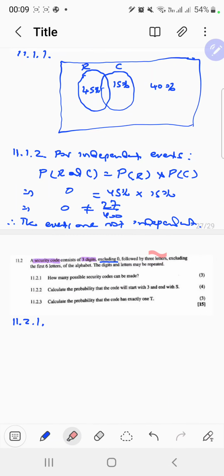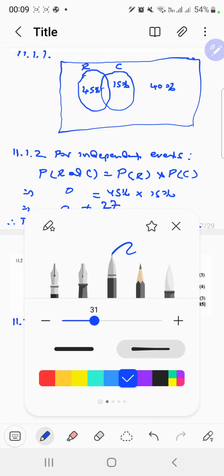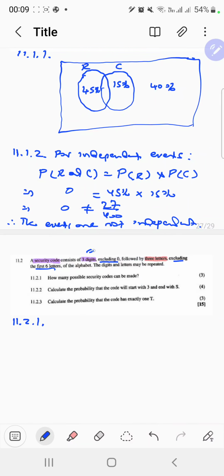If we exclude 0 in terms of the digits, the digits are 9 in total because there are 10 with 0. And the letters excluding the first 6 letters, there are 26 in total, so we have 20 letters in total. That's what needs to come out in your head as you get those restrictions.